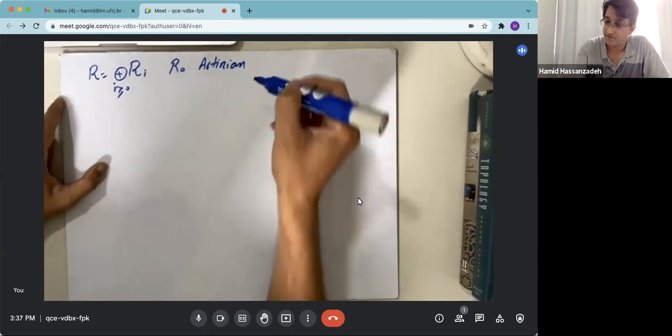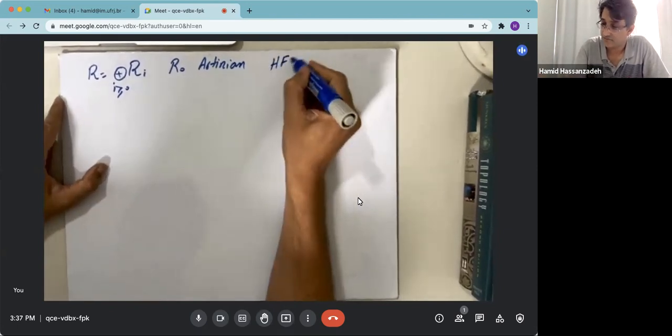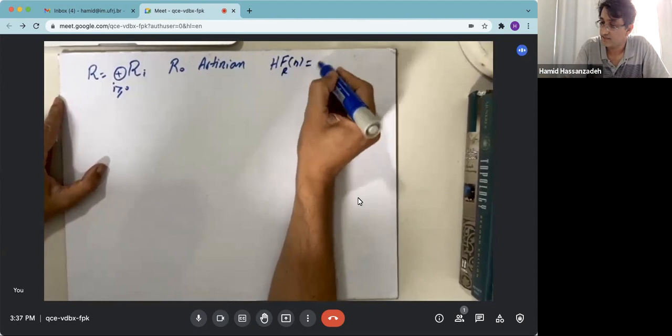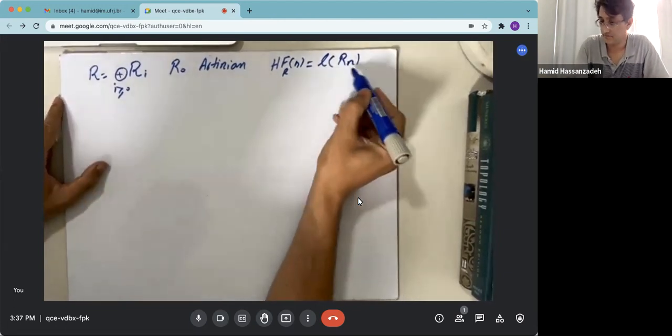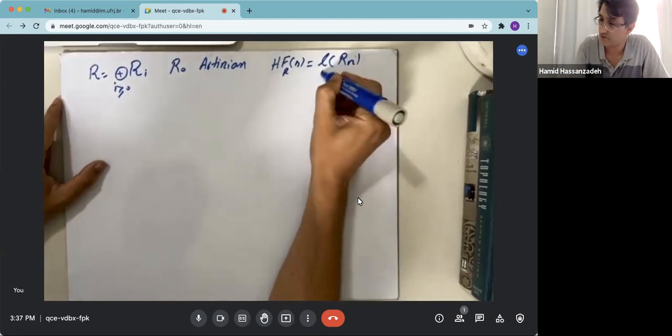And then Hilbert defined the Hilbert function of R to be the length function of the nth component of this ring over R0.